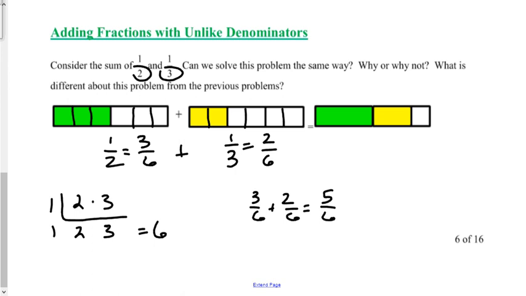We know that should be 5/6. And if I come back here and I divide this into equal sixths, what I have is 5 out of the 6. So that's what we're going to be doing when we're adding unlike denominators, is we're going to be getting common denominators and then adding the numerators.